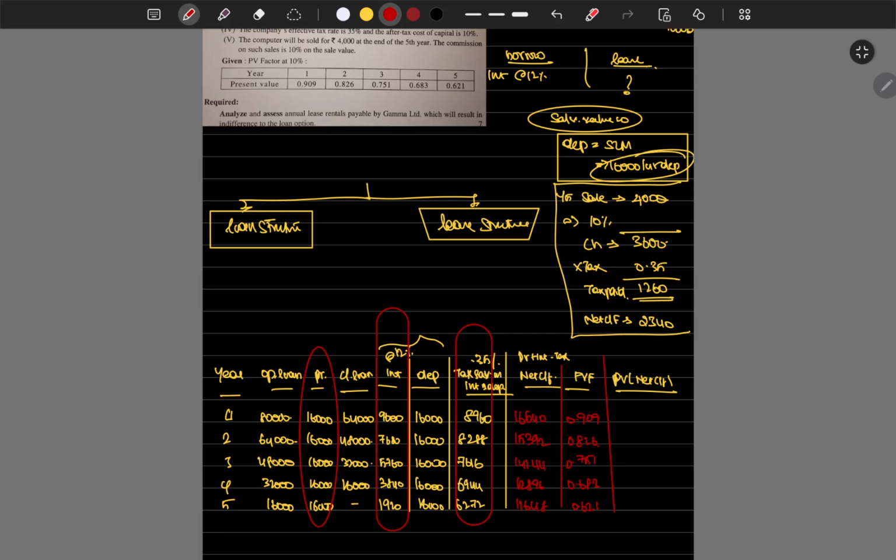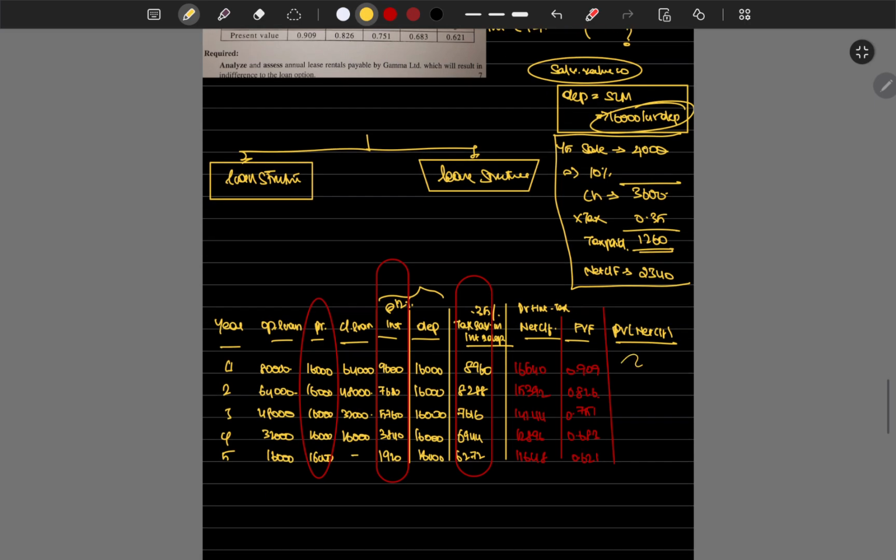Okay, what's the present value of these? 16,640 into 0.909 is 15,125.76. 15,392 into 0.826 is 12,713.79. 14,144 into 0.751 is 10,622.14. 12,896 into 0.683 is 8,807.97. Then 11,648 into 0.621 is 7,233.41.